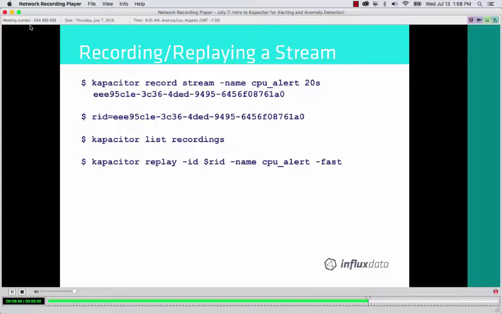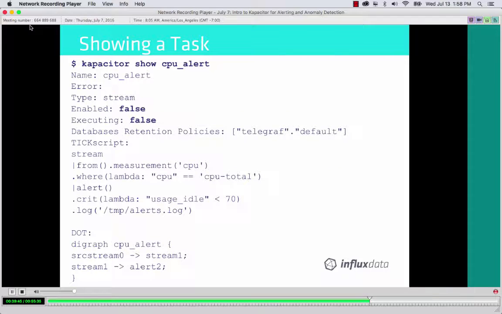And there's that -fast flag that says I want you to run this as fast as possible rather than at the same time that it happened. That's just a quick aside for recordings. You should definitely play with them a bit more if you are interested in iterating on that.